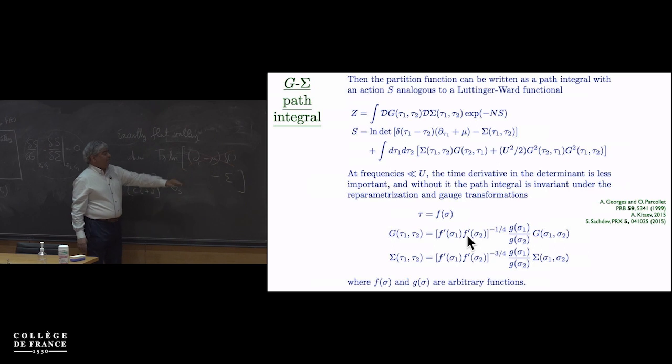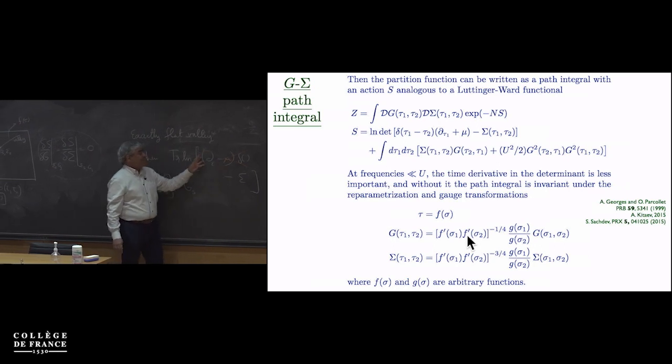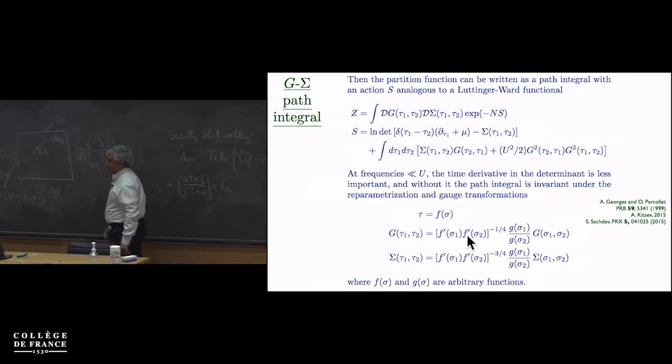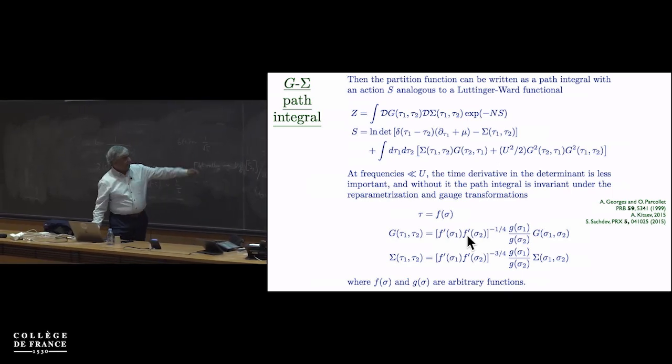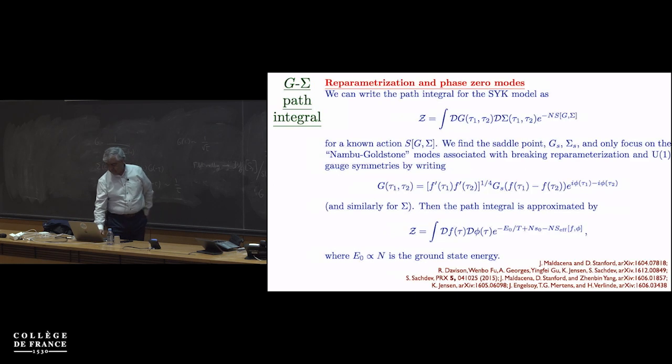But this term is a high energy term. So what I want to do now is the following. I'm going to take this high dimensional path integral, which is an integral over G and sigma, and convert it to a one-dimensional path integral. I'm only going to integrate along this valley. Again, ignore the phases.